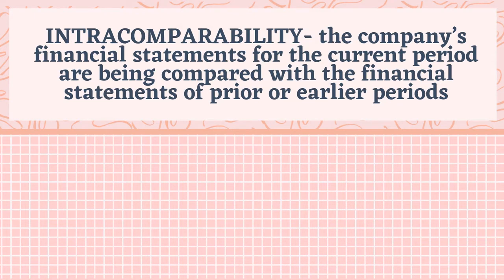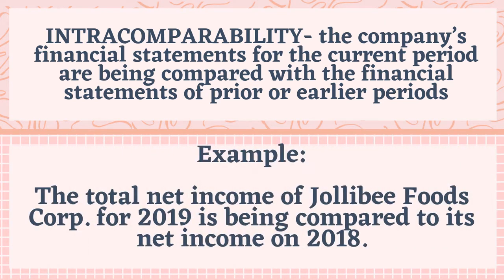First is intra-comparability. The company's financial statements for the current period are being compared with the financial statements of prior or earlier periods. For example, the total net income of Jollibee Foods Corporation for 2019 is being compared to its net income on 2018.